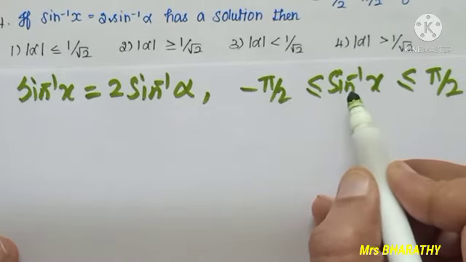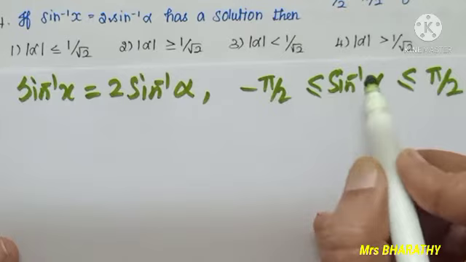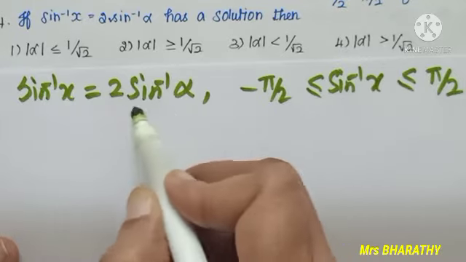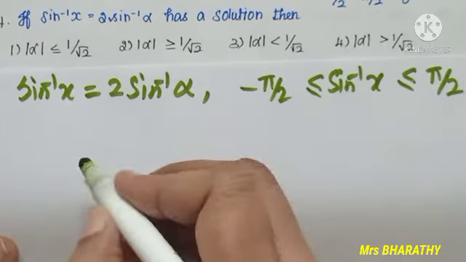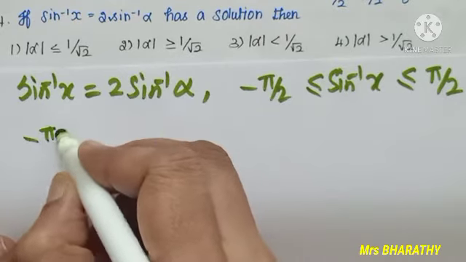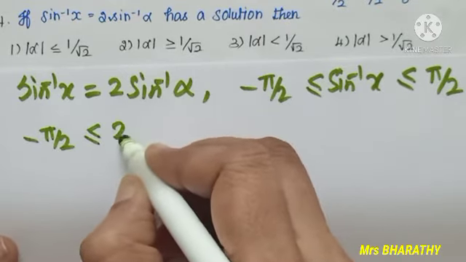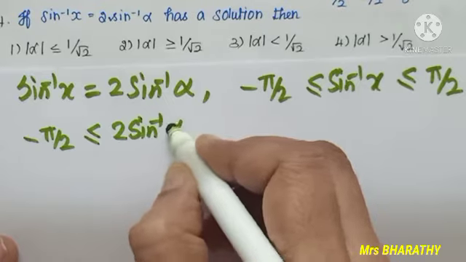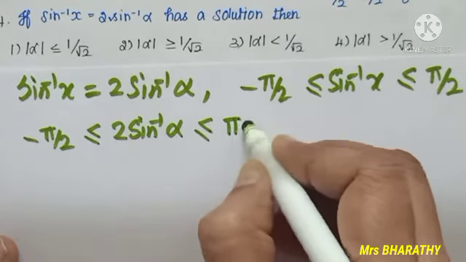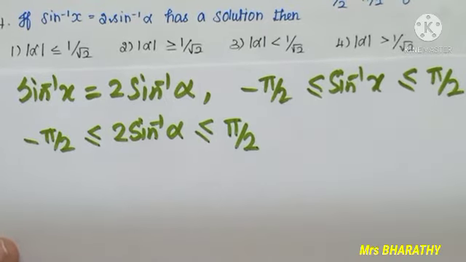Taking sine inverse of x as 2 sine inverse alpha, we rewrite minus pi by 2 less than or equal to 2 sine inverse alpha less than or equal to pi by 2.